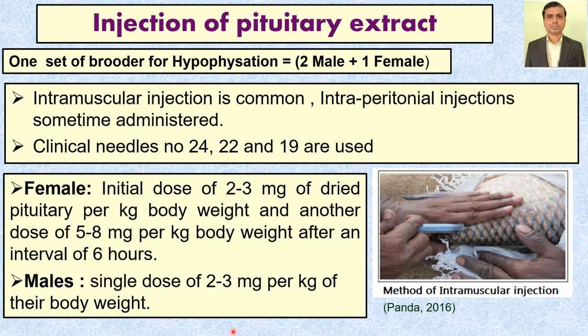And sometimes, despite the two doses of pituitary extract, the female fails to breed. In such cases, a higher dose can be administered, that is around 8 to 10 mg per kg of the body weight. Or, due to some problem called clogging of the eggs, we can use the stripping method.